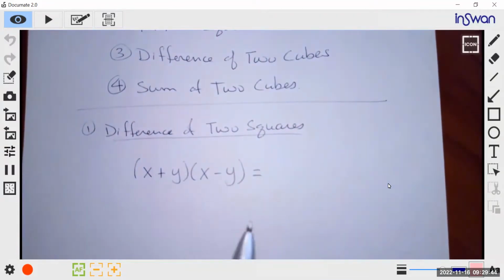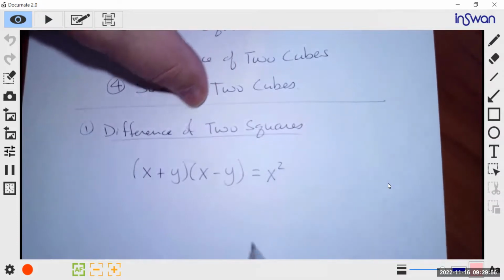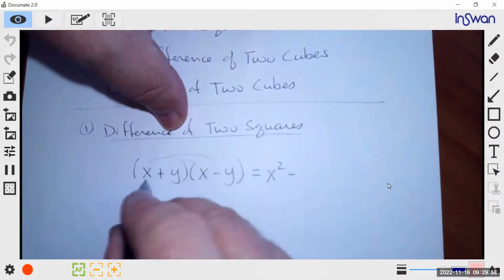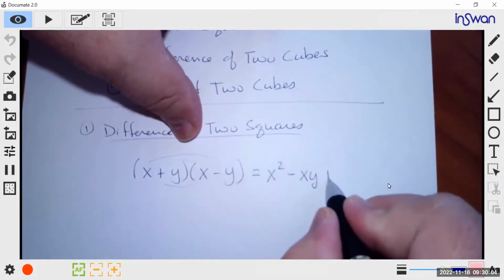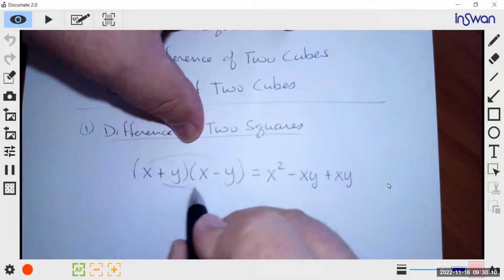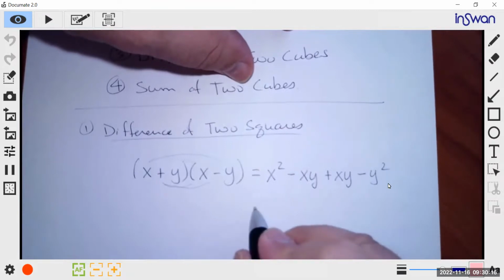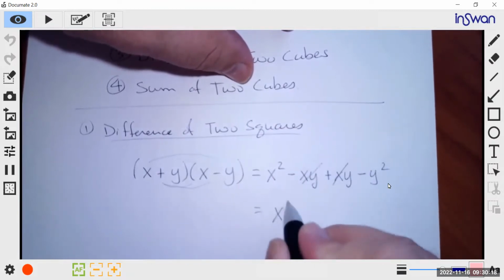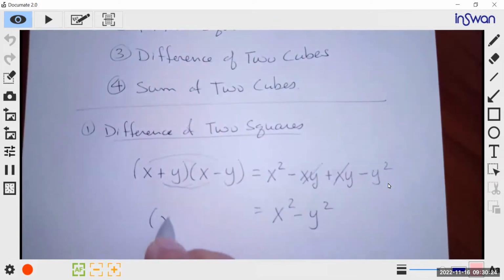If you have the same numbers, but different signs inside there, and you multiply it out, what would happen? X times X is X squared. Positive times negative is negative. X times Y is XY. Positive, positive is positive. X times Y is XY. Positive, negative is negative. Y times Y is Y squared. Combine like terms, the middle terms cancel. So we ended up with this.